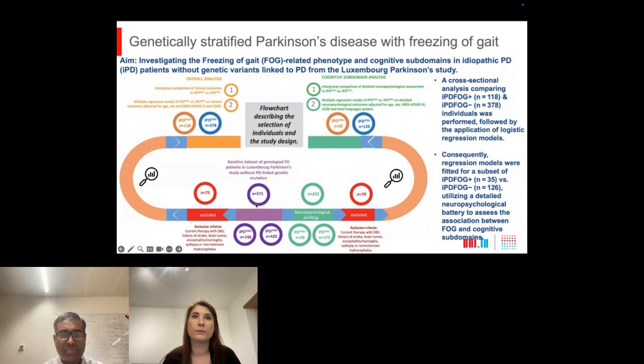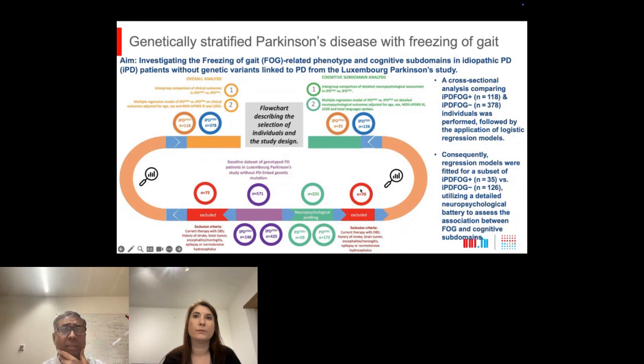These are the two subsets. We also have certain exclusion criteria, to remove patients who are undergoing current therapy of deep brain stimulation or have a history of stroke, brain tumor, and meningitis, because those will naturally have an impact on the cognition. That's why these patients are excluded from this set.